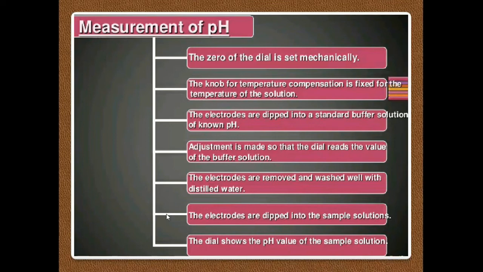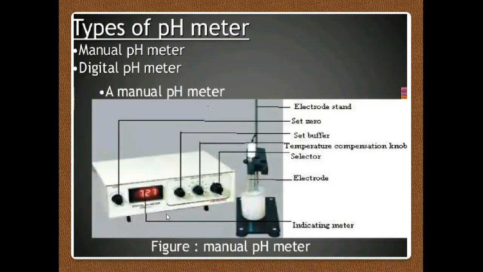Then the electrodes are dipped into a standard buffer of known pH, and adjusted so that the dial reads the value of the buffer solution. Then the electrodes are removed and washed well with distilled water. Then the electrodes are dipped into the sample solution, and the dial shows the pH value of the sample solution.